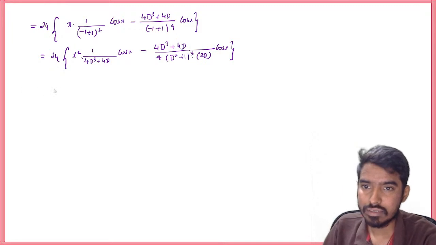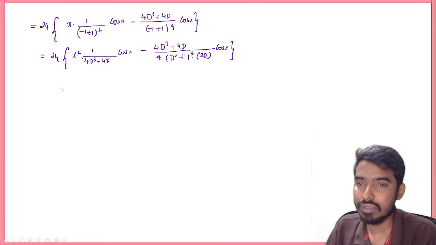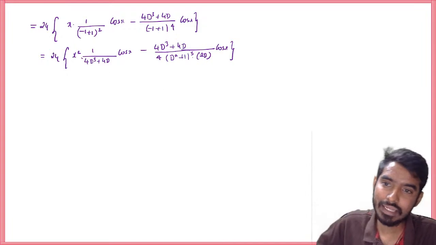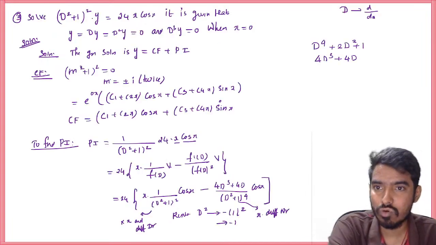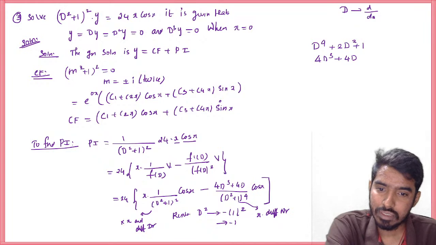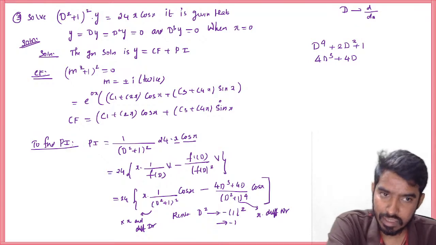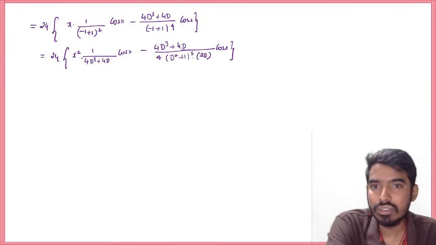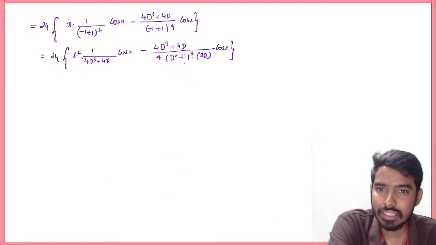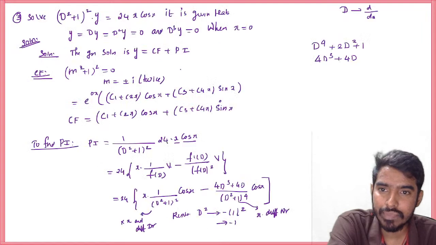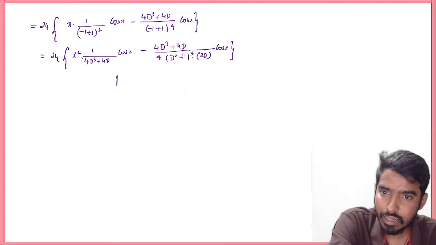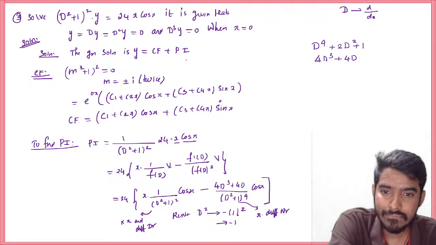Okay, what we'll do is, actually we can do this. If we replace D by minus 1, we will have minus 4 minus 4, right? 4 times D square plus 1, 4D, D power 4 plus 2. You can do it by this method, right? This will be 0, you have to do it again and again and again. Let us pass this for a moment. We will come back to this problem later, right?